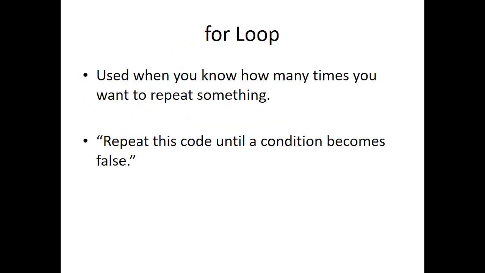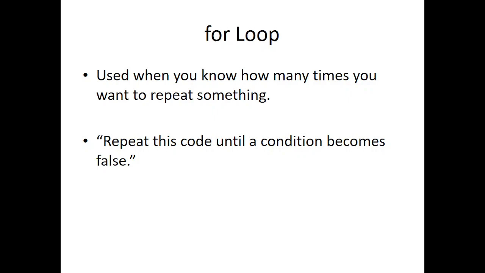So now, what is a for loop? A for loop is used when you already know how many times you want to repeat something. Instead of writing the same code again and again, we tell JavaScript to repeat this code until a condition becomes false.